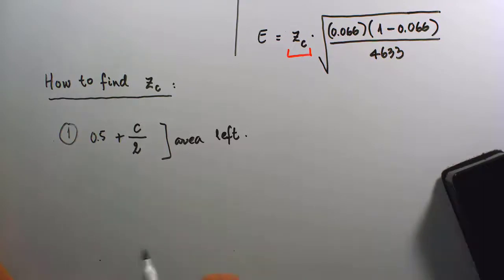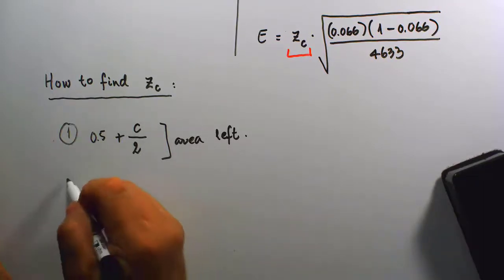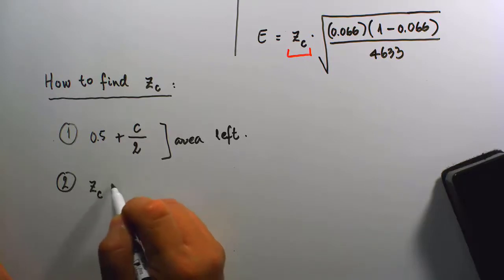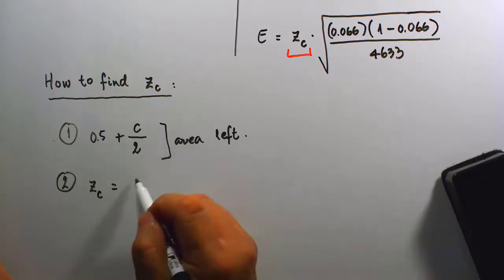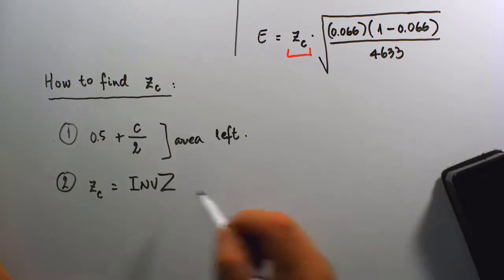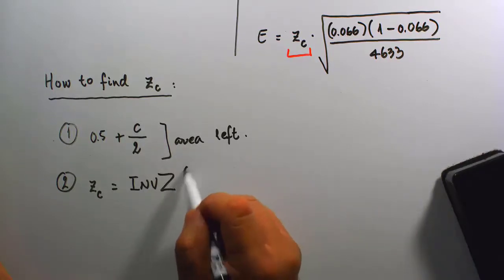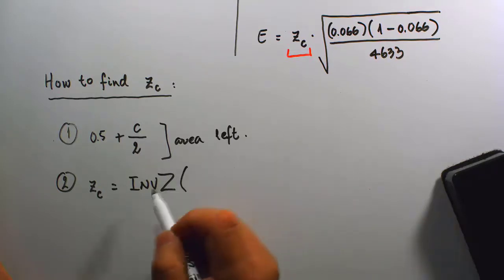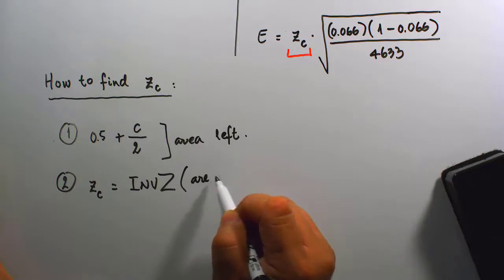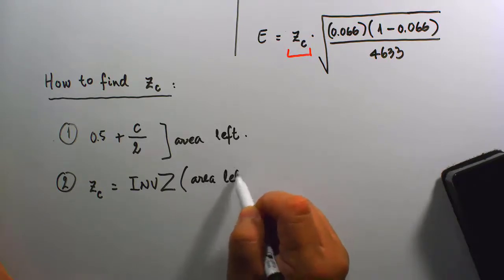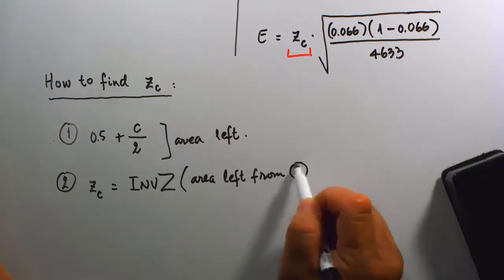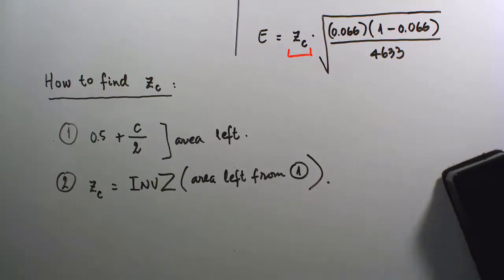Then step 2: once we have the area to the left, to find z sub c the work can be easily done by running the INVZ program, or any equivalent technology on the web that serves a similar purpose. Here I'm going to run INVZ on the amount of area to the left from step 1. That's it.